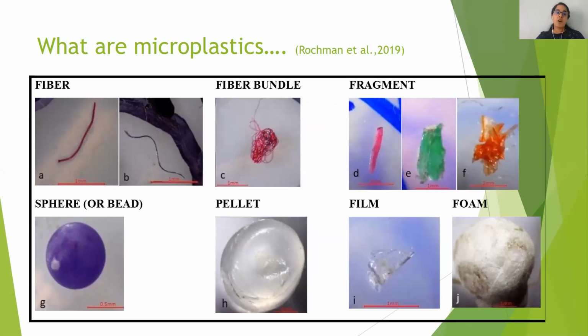I've had a look at different types and shapes of microplastics. We can see we've got fibers, but fibers are also classified. You've got your clean cut edges of fiber, and then you've got your frayed edges of fiber.